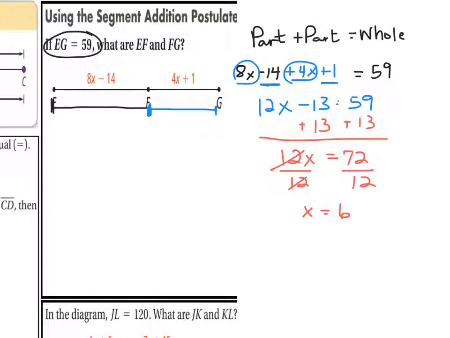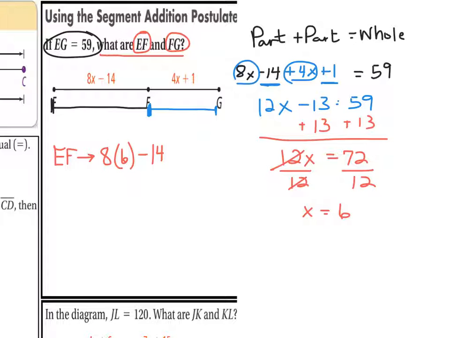Now, the question that they asked you was, what are EF and FG? So they want to know how long they are. In order to do that, I have to plug x back in. So I'm going to plug in for EF: there's 8, and then instead of x it's now 6, minus 14.